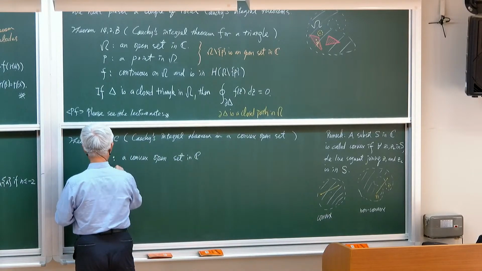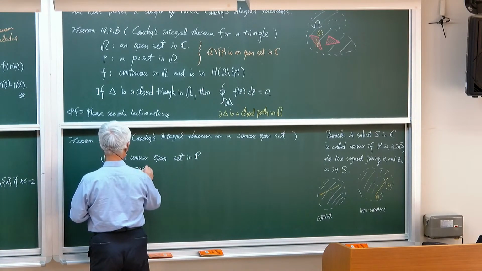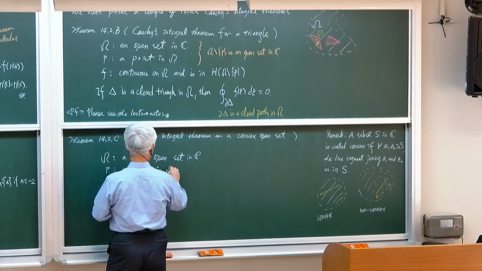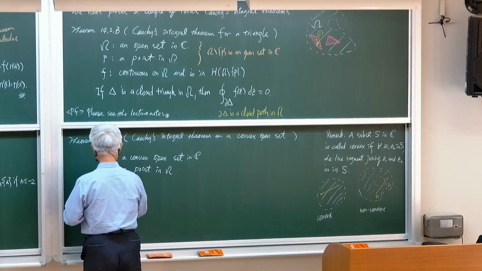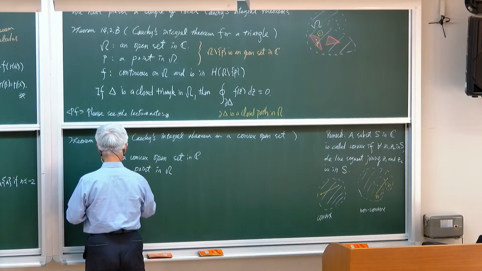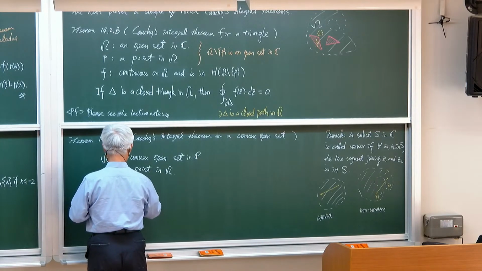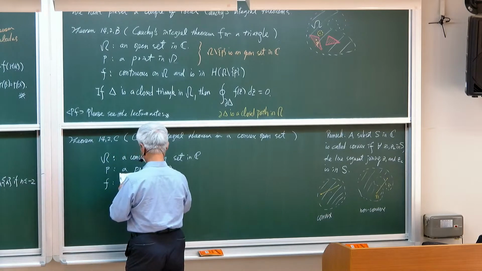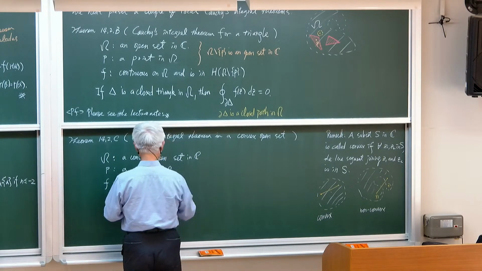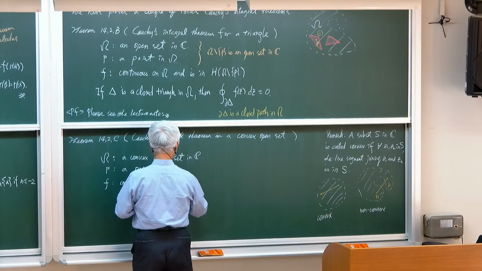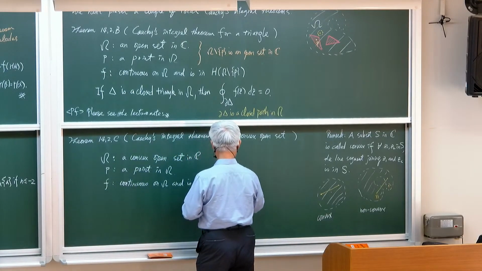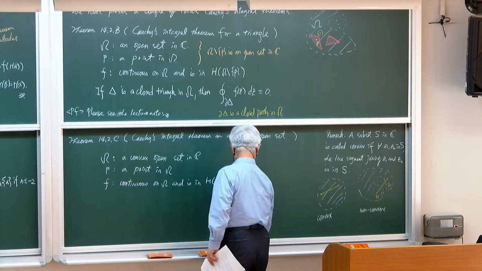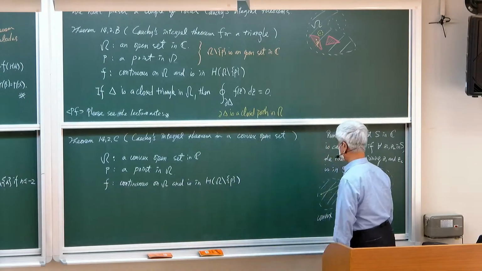Let omega be a convex open set and P a point in omega. And F is continuous on the whole open set.